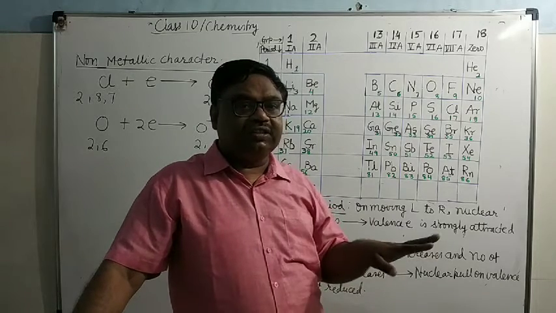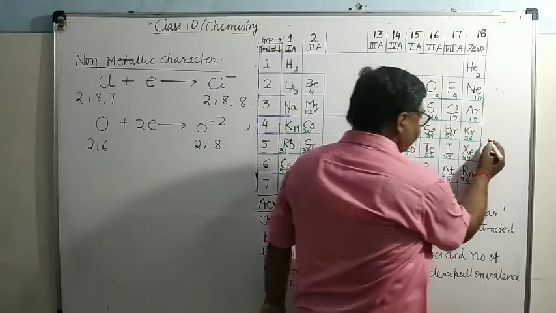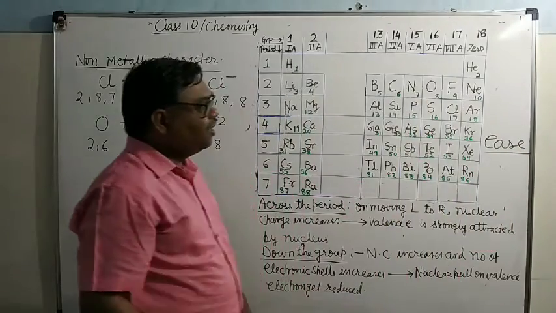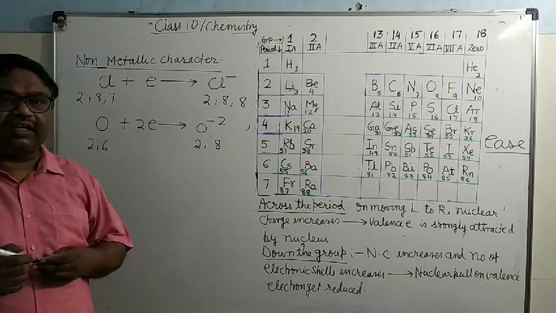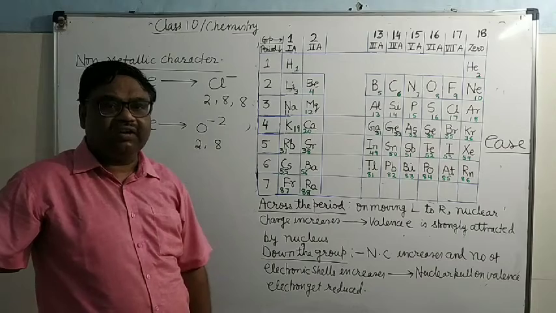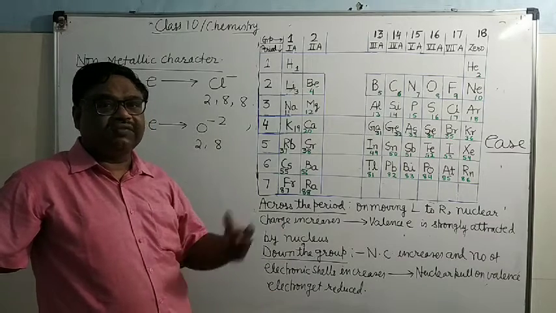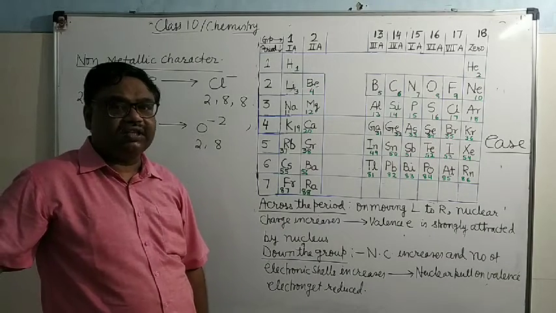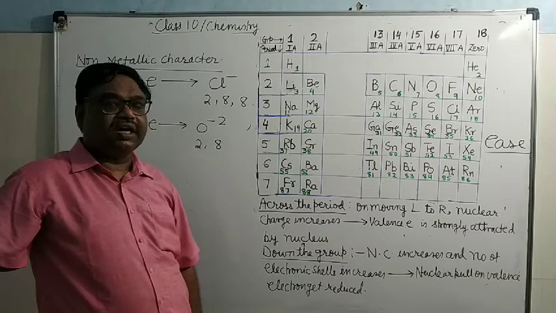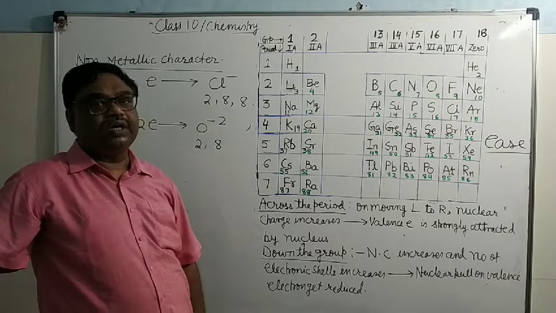Ease will decrease. Ease means EASE. Perhaps it will be confusion to you. It's clear? Ease of accepting the electron in the valence shell will decrease. And since ease of accepting the electron in the valence shell is decreasing, so what will happen? Non-metallic character on moving down the group decreases.